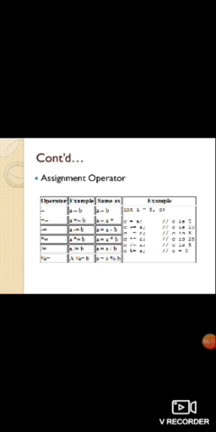Next, c minus equal to a, so that means c equal to c minus a. The current value of c is 10 and the value of a is 5, so 10 minus 5 means 5. So the updated value of c is 5.